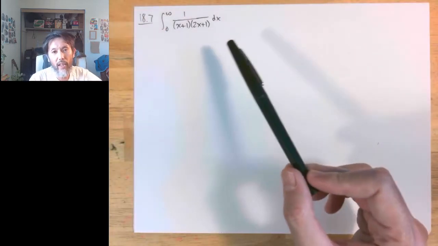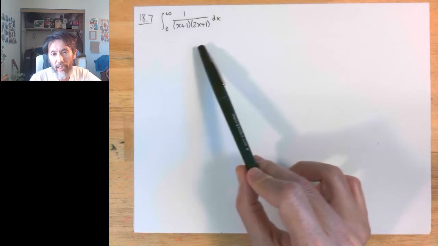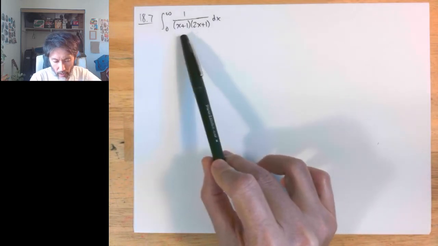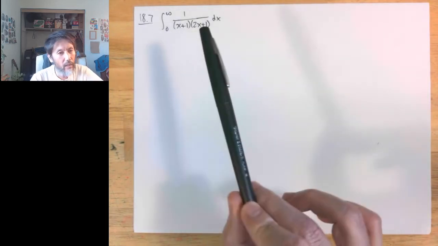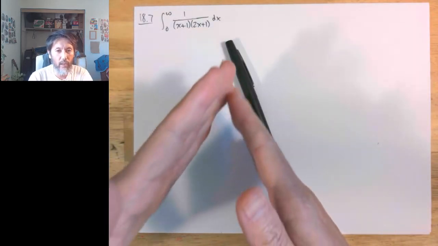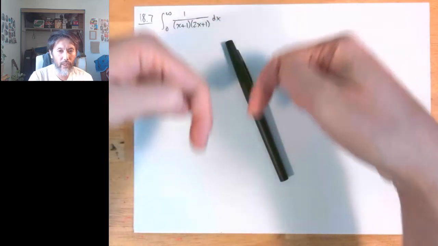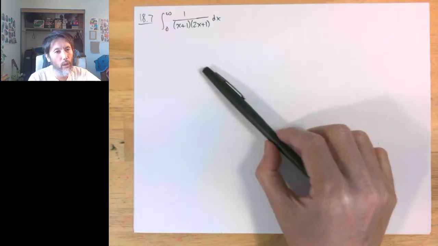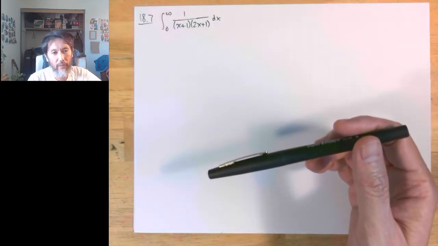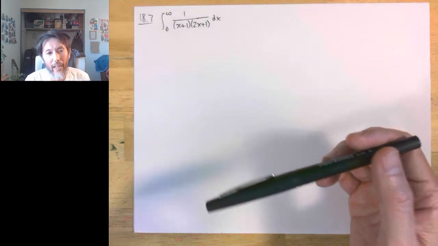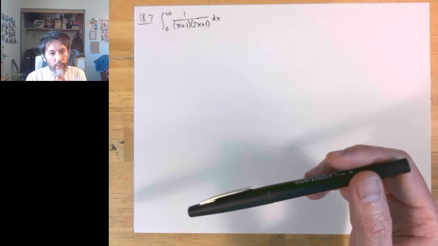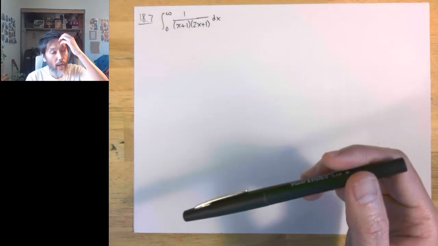That's when there is what we call a singularity within the bounds of integration in the integrand. A singularity means a place where the integrand sort of blows up to positive infinity or blows down, I guess, to negative infinity, where you see vertical asymptotes and such in the graph of your function.